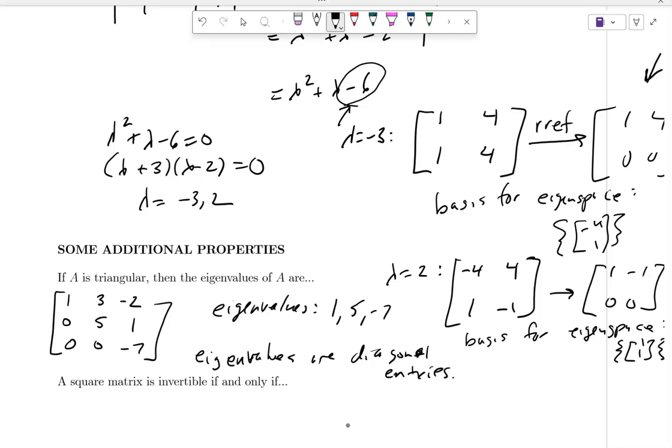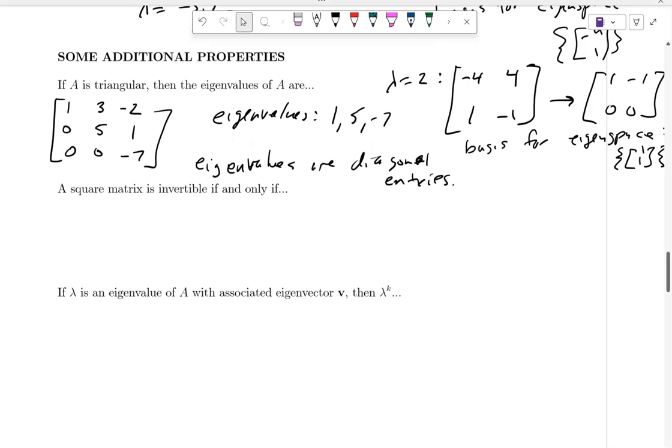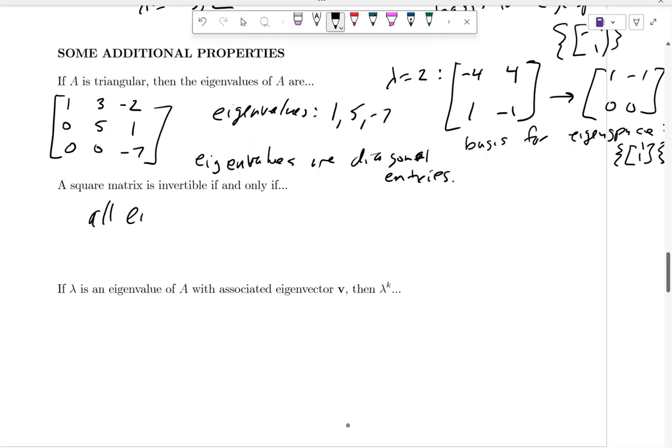If your constant term is 0, then what are you guaranteed is going to be an eigenvalue no matter what? If the constant term is 0, what can you factor out of every term in your polynomial? Lambda. So what root would that correspond to if you factored out a lambda? 0, right? So if 0 is an eigenvalue, then you know your matrix is not invertible. Okay? So it's invertible if and only if all eigenvalues are non-zero.